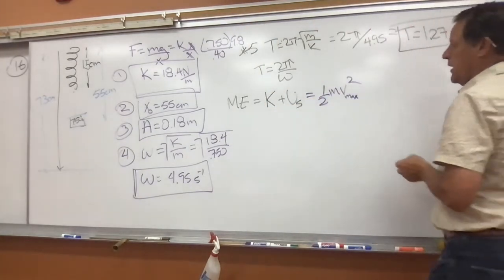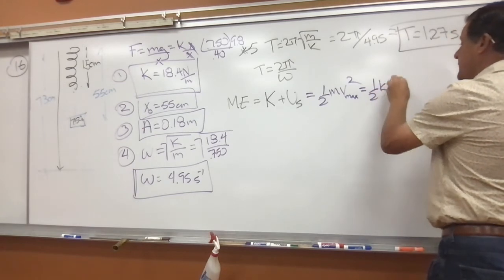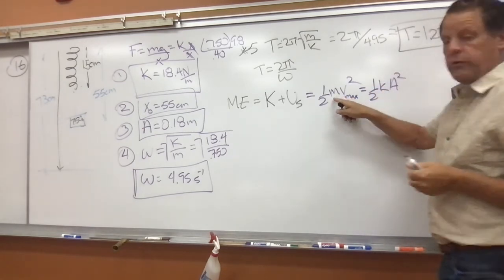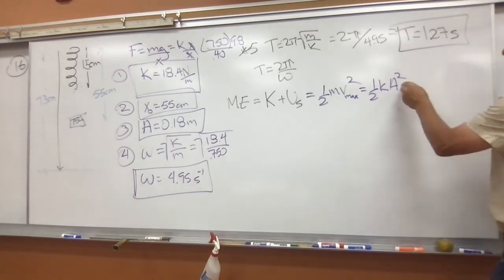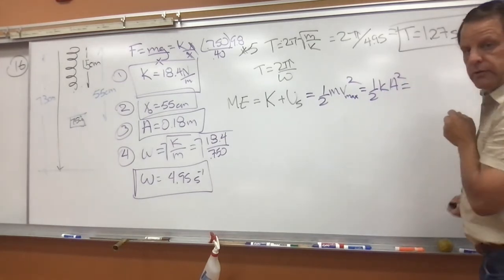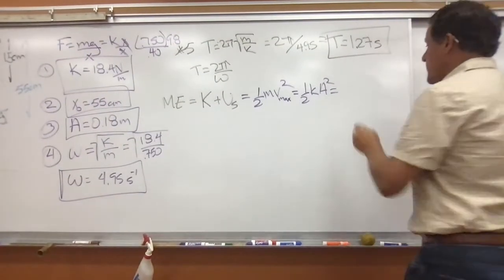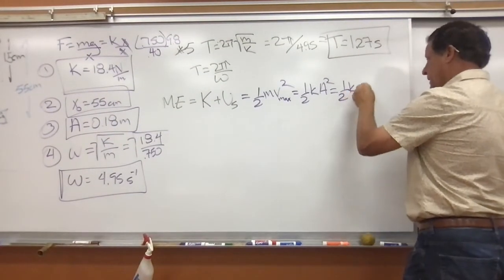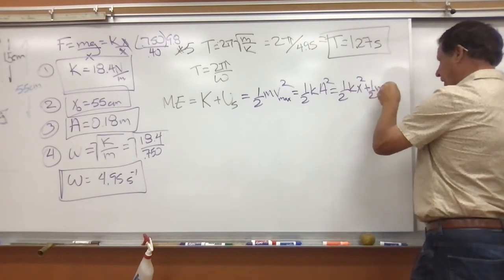So we can say that this would equal 1/2 k A squared, right? So it's either in the middle at the maximum or at the end at the maximum. And if it is neither of those places, then we can say it's 1/2 kx squared plus 1/2 mv squared.